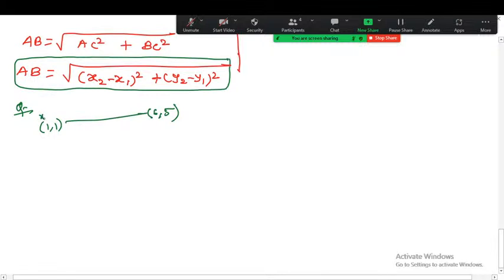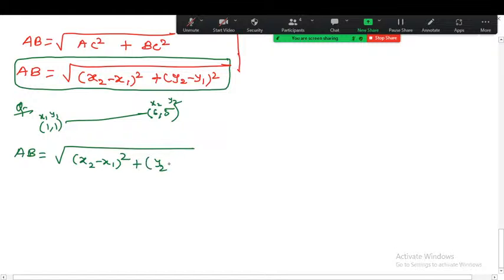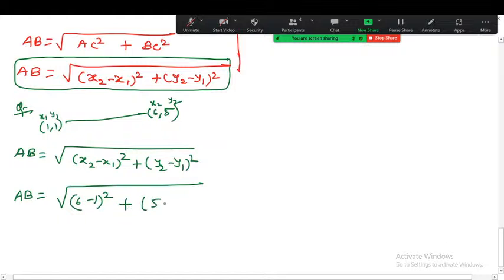You will call the first point x1, y1 and the second point x2, y2, and you will use this formula to answer this: under root of (x2 minus x1) square plus (y2 minus y1) square. Here you will substitute these values: (6 minus 1) whole square plus (5 minus 1) whole square.